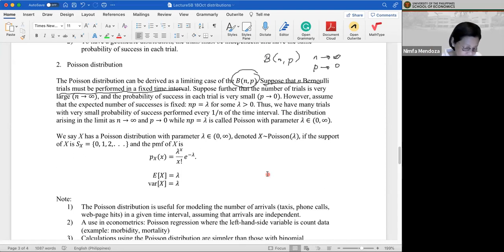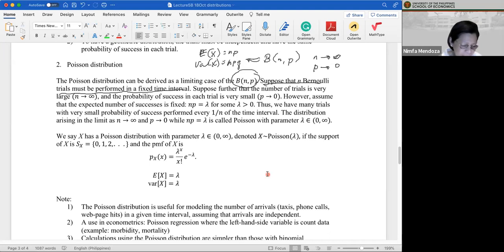So here, for the binomial distribution, we have the expected value of X is np. The variance of X is npq.